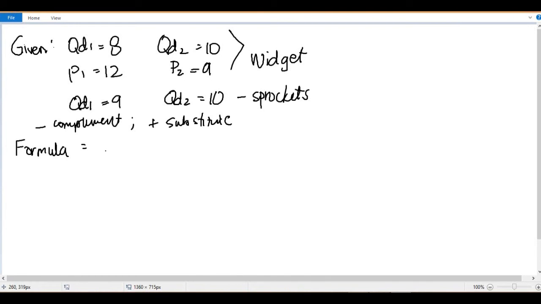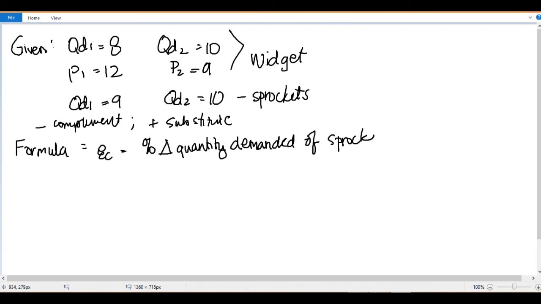Okay? Formula for cross-price elasticity. We have the percentage change. The triangle symbol siya ng change. Change in quantity demanded. In this case, we look at the quantity demanded of sprockets muna.